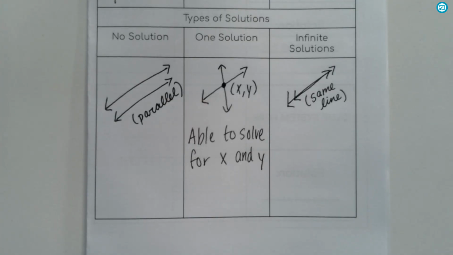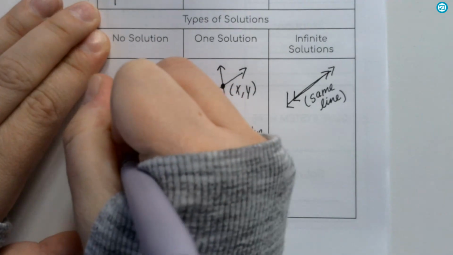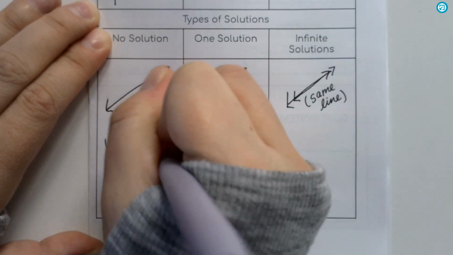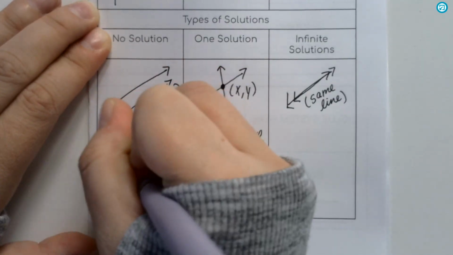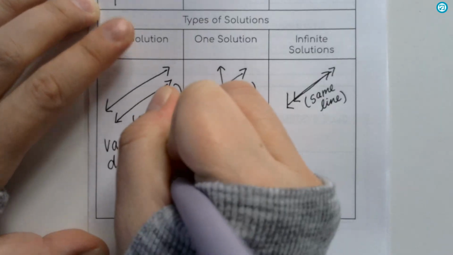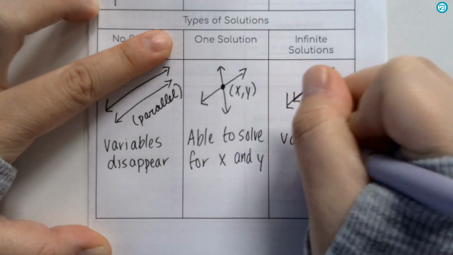Your no solution and your infinite solutions are going to happen when our variables disappear. I'm going to put that on both of them. Variables disappear.